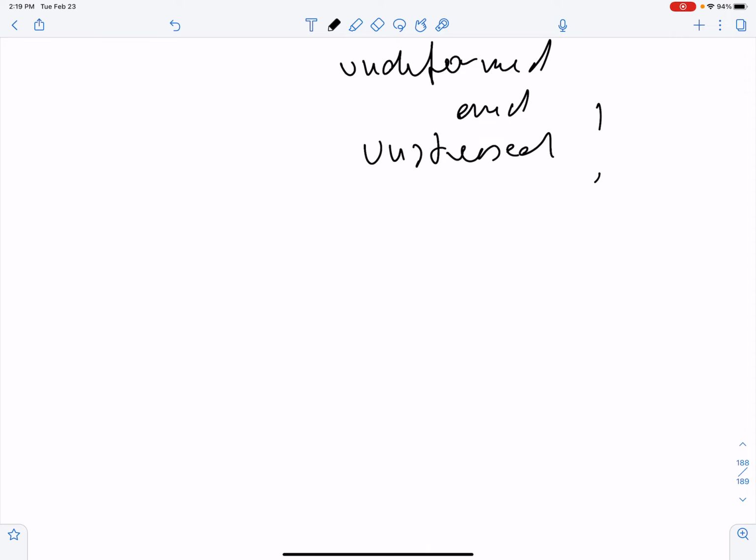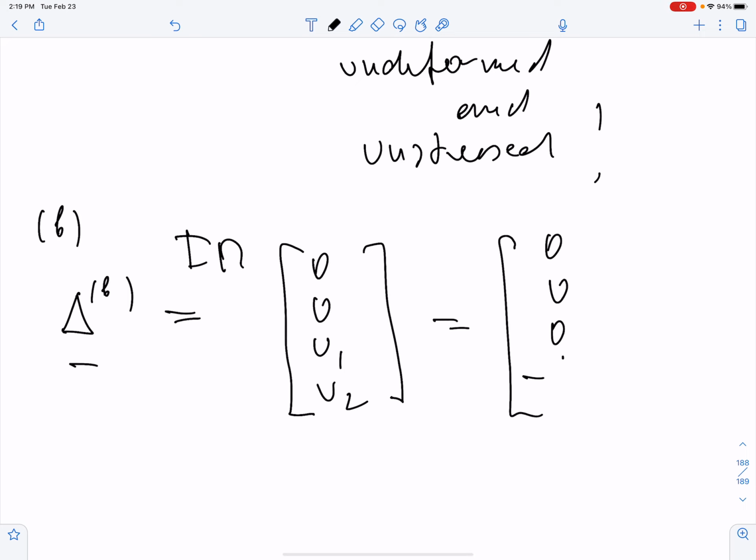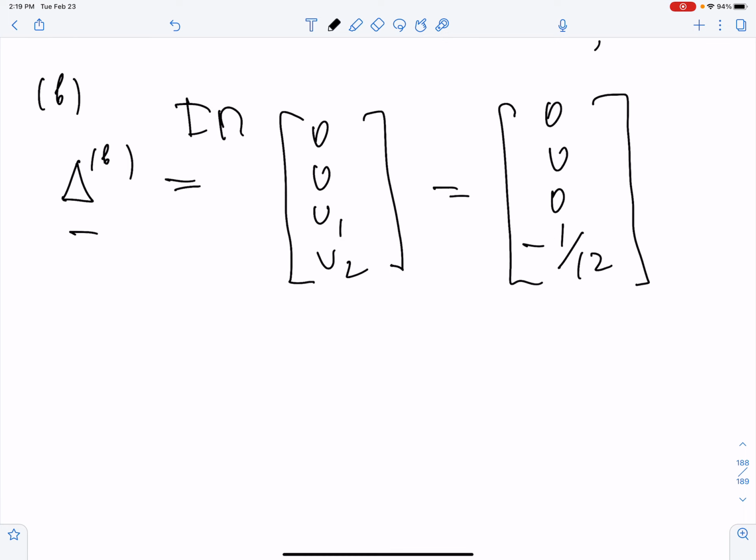Okay. All right, element B. So that's where interesting things start. Right. Again, as usual, I extract delta B from the ID array. And again, it becomes 0, 0, U1, U2, or 0, 0, 0, minus 1 over 12. Okay. Right.